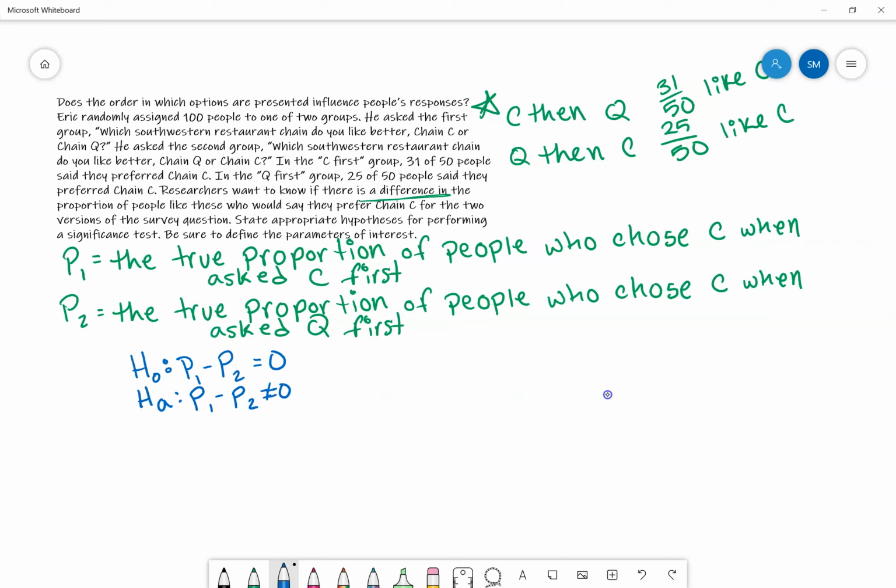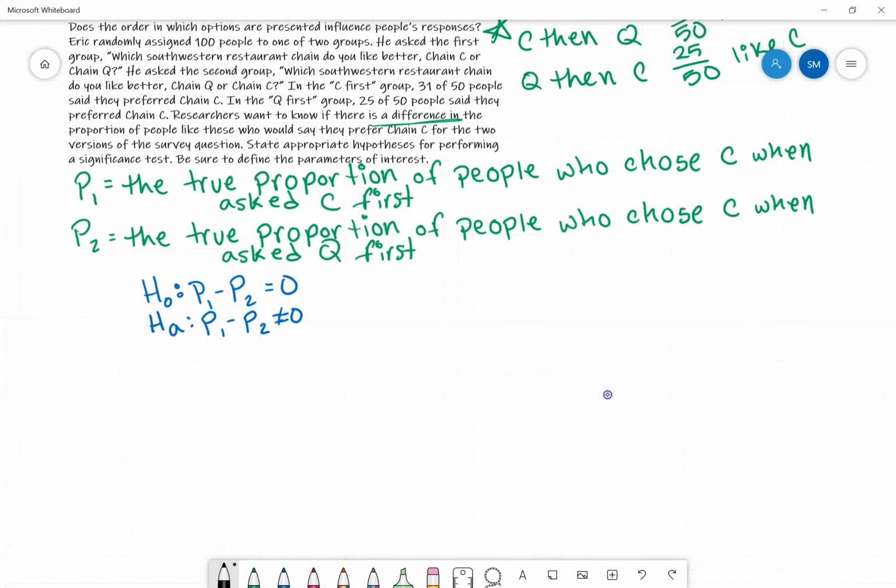It's not going to be 0 if you subtract the two. We don't know if you're going to get a positive number or a negative number though, but it's not going to be 0. So that's going to be our alternative hypothesis. So that's your state. Yes, we're missing some steps on the state, and that's okay. Let's move on to plan.